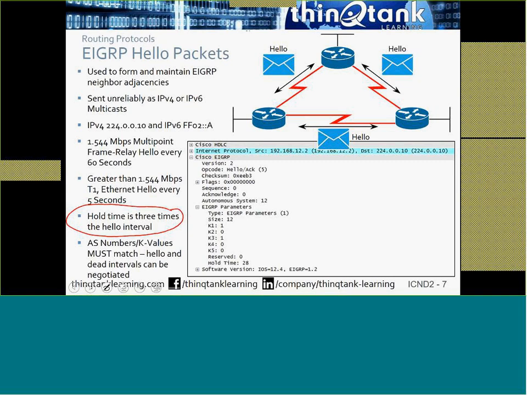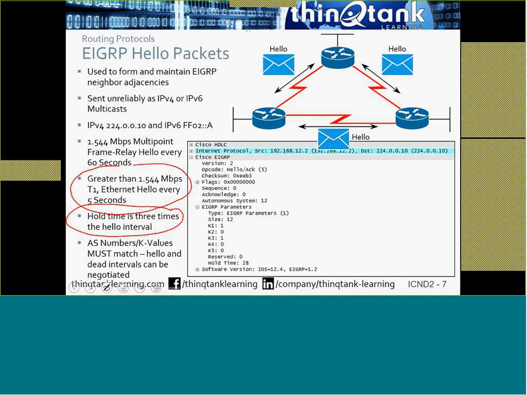So if it's 3 times and I'm on an Ethernet network, I'm getting hellos every 5 seconds. Now, if I miss a hello in 5 seconds, okay, no big deal. If I don't get a hello in 10 seconds, no big deal. But as soon as I don't get a hello in 15 seconds, then I make the assumption that that neighbor no longer exists.